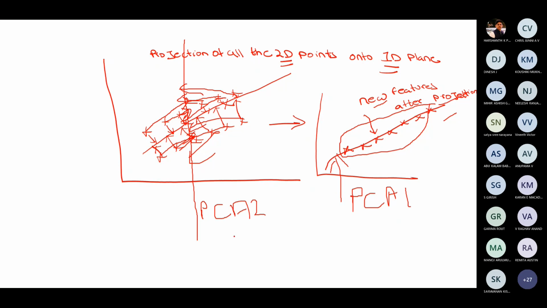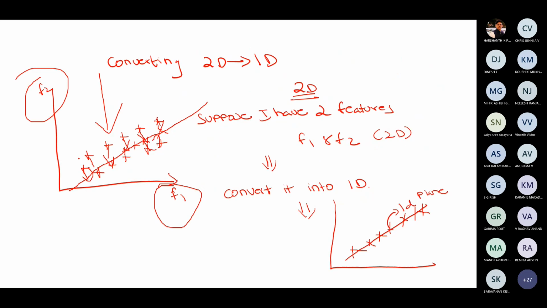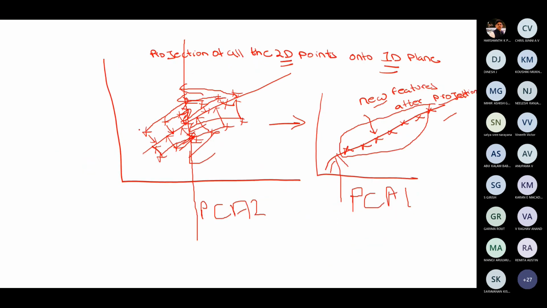Now you tell me, was mapping the information to the PC1 line easier, or mapping the information to this PC2 line easier? Which one will lose more information, PCA1 or PCA2 line? PCA2 line. Come on, students, tell me.